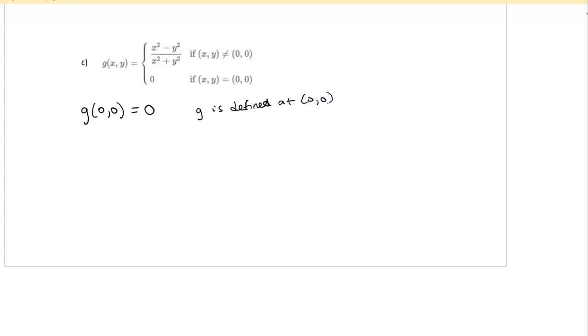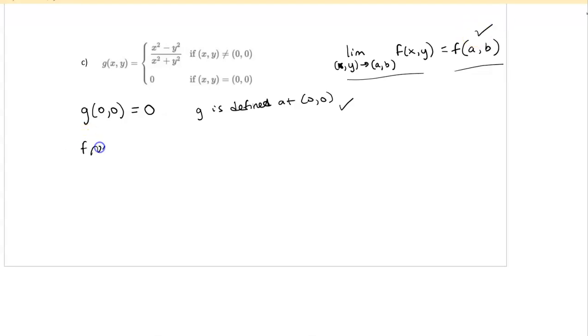Remember that a function is continuous if the limit of that function as you approach that ordered pair is actually equal to f evaluated at that ordered pair. So the limit has to exist, the function has to be defined at that point, and they have to equal each other for this thing to be continuous. So we just picked out part of it. It is defined.